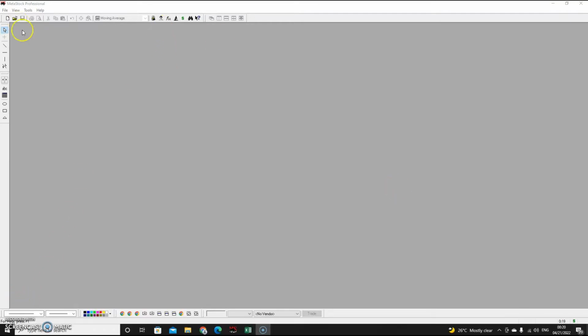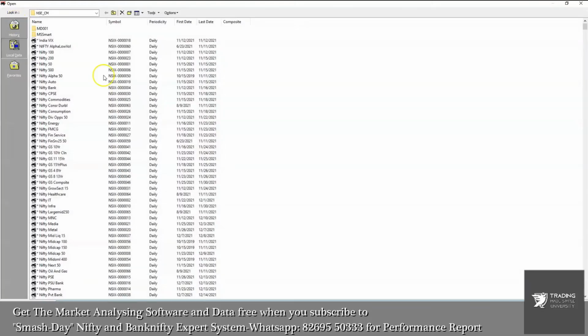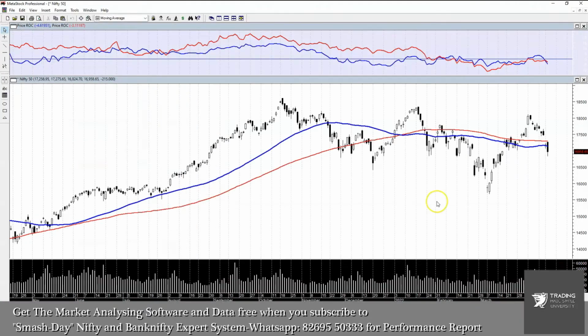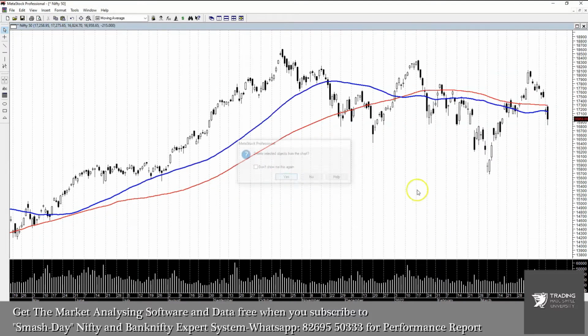For that, we need to first define a system. So let us open any chart. Suppose we open the chart of Nifty, and here are 2 moving averages you can see. Let us suppose we design a system which will give us a buy signal whenever prices go above both the moving averages.